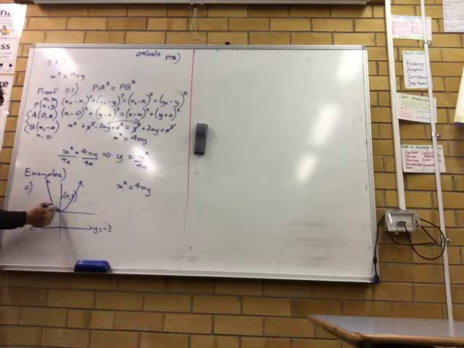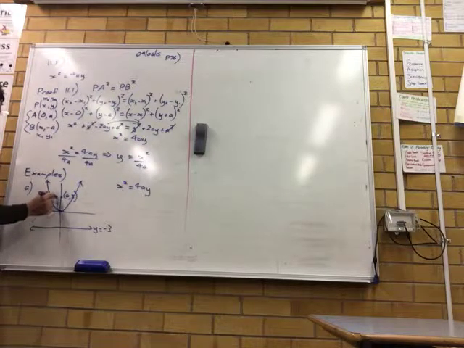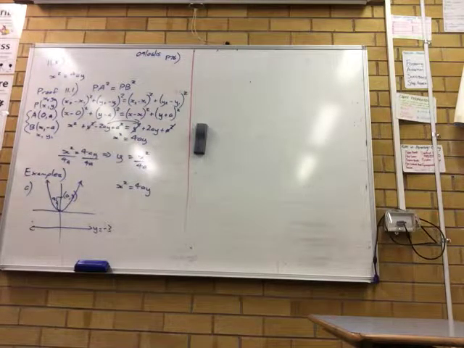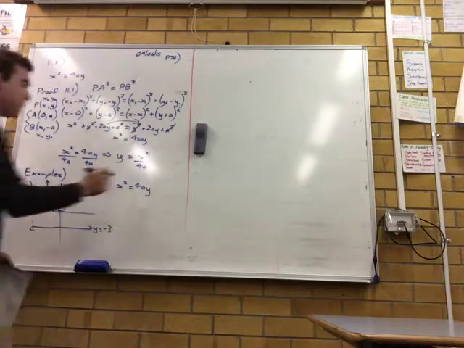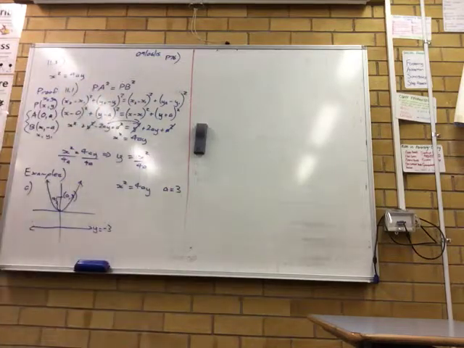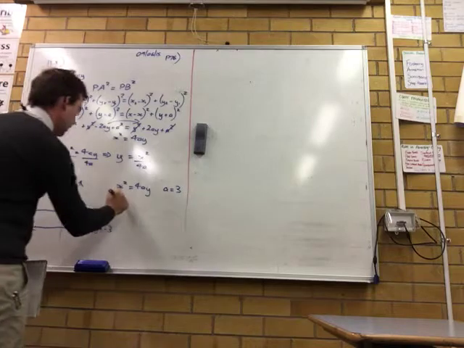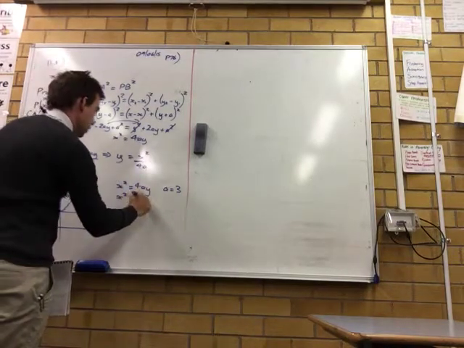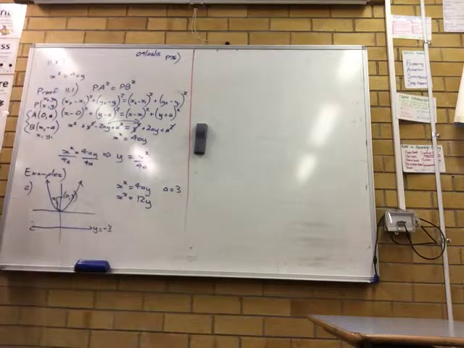So from the vertex up to the focus is the focal length a, and that a gives you the coordinate of the focus. Alright, so a is 3, and we substitute that into the formula. So x squared equals 4 times 3 times y, so x squared equals 12y.